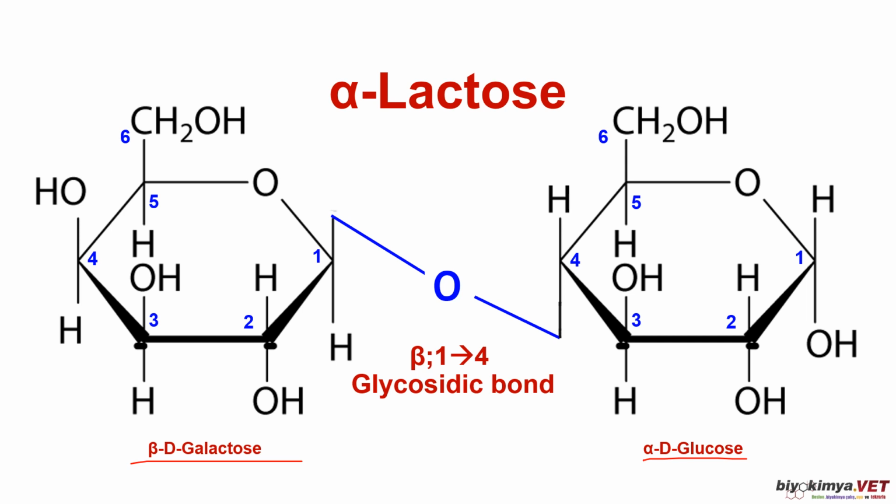And how do we recognize which is the glucose and which is the galactose? Let me remind you, focus on the third carbon, second carbon, and the fourth carbon for the differentiation of glucose, galactose, and mannose. And remember, glucose and galactose are epimers, mannose and glucose are epimers.